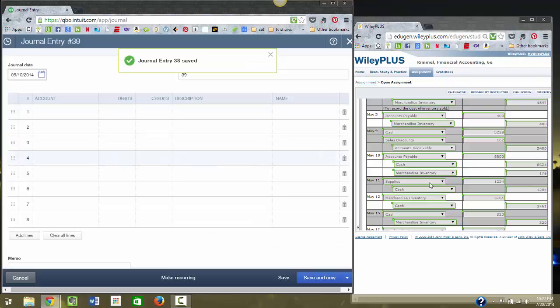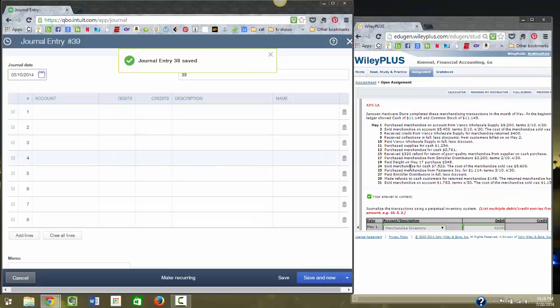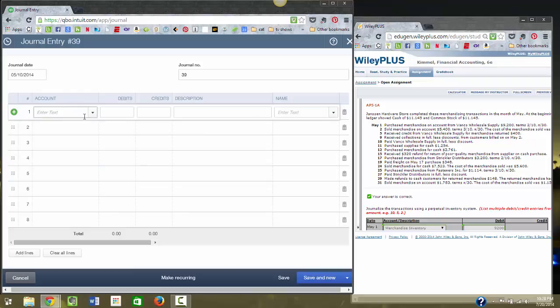Let's move on. Okay, next is May 11th, purchase supplies for cash, $12.54. Okay, so we're going to go up here and do supplies. Now, QuickBooks lists supplies as an expense.